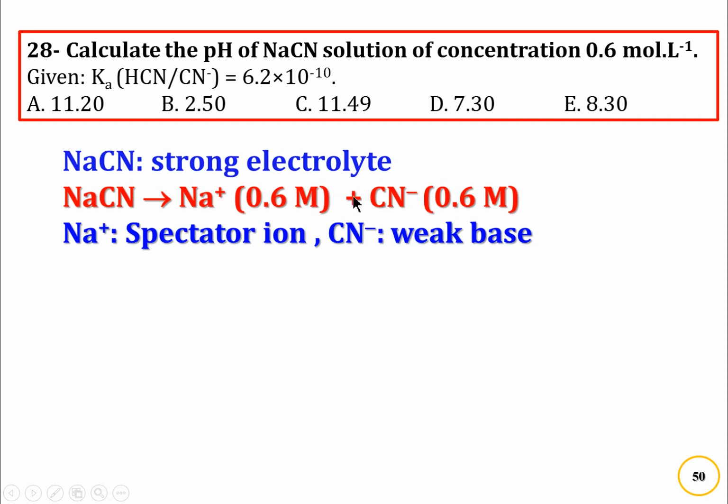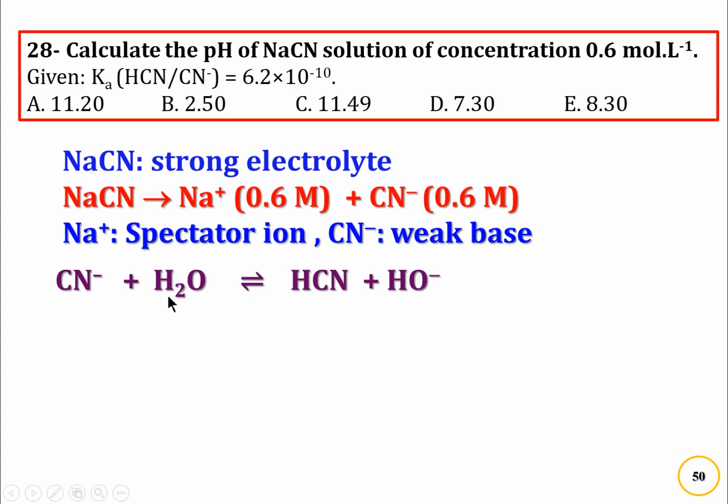Therefore, CN- will interact with water to give HCN and OH-, so the dissolution of NaCN in water will produce OH-, and the pH of this salty solution is equivalent to the pH of the weak base CN- in water.